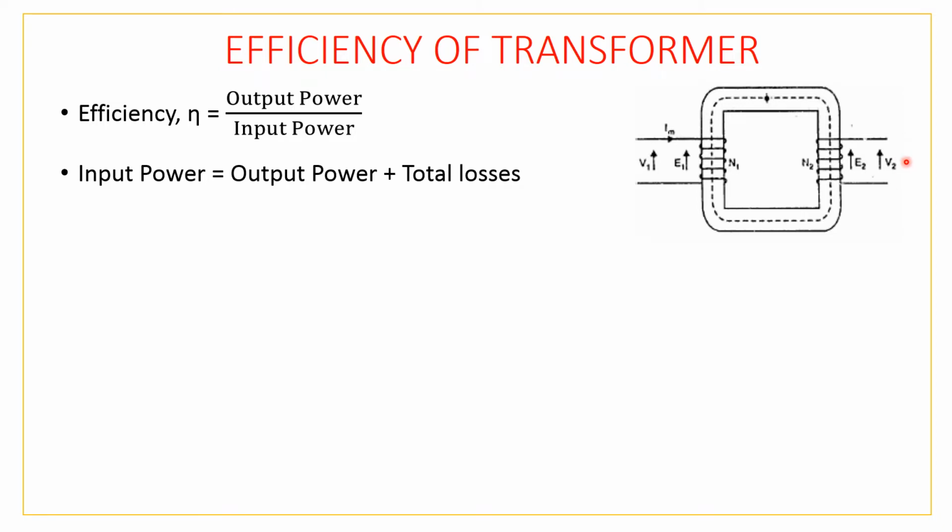Therefore the output power I get will not be equal to the input, because there are some losses in the transformer. Therefore input power is equal to output power plus losses, or output power is equal to input power minus losses, because I will get the output power only after certain losses are accounted for.